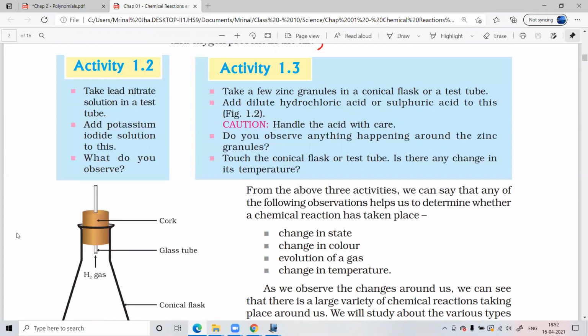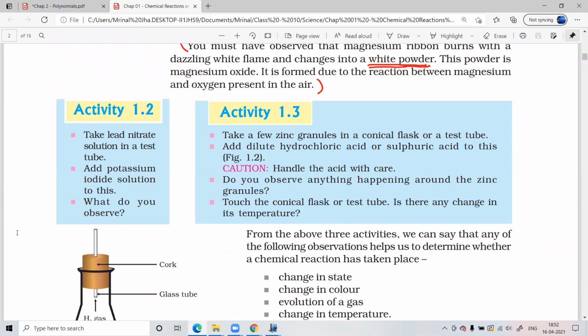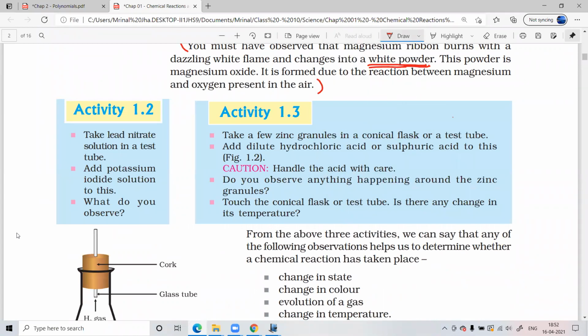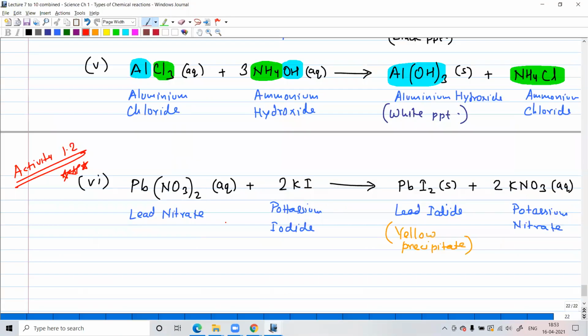Then your activity 1.2, what you see here: lead nitrate and potassium iodide solution. What do you observe? This is your activity 1.2.